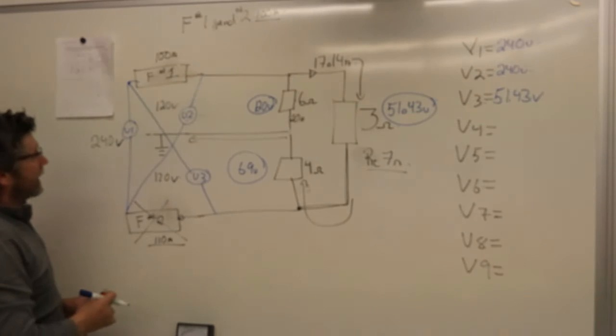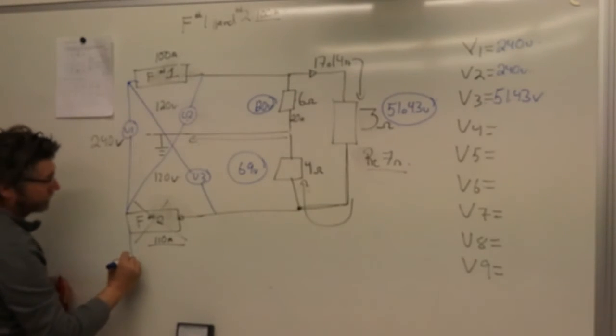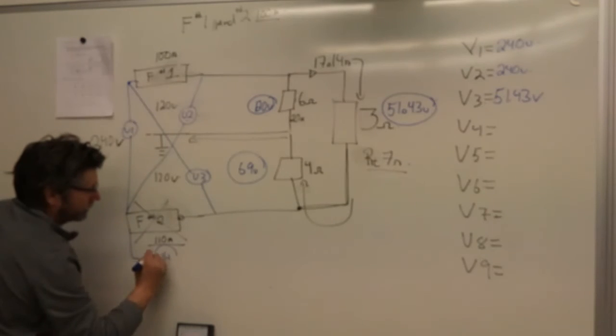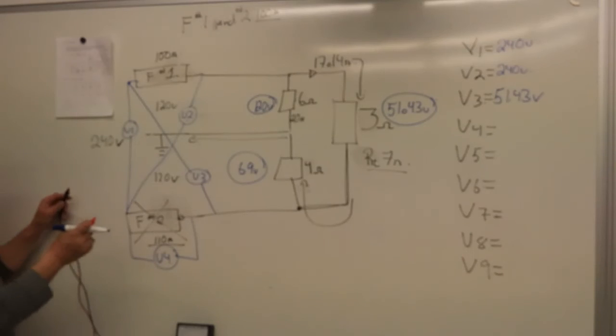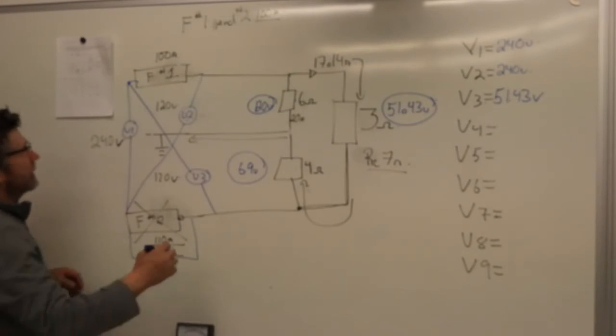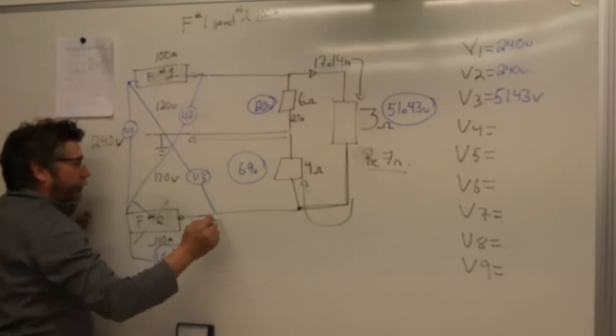Now V4, where did they put V4? That's an ugly one. Right there. What's the voltage over there? Gustav says the voltage drops in any closed loop are equal to the voltage rise.